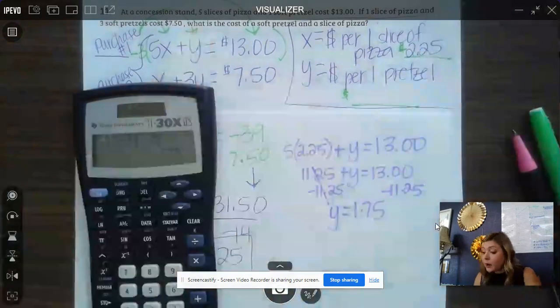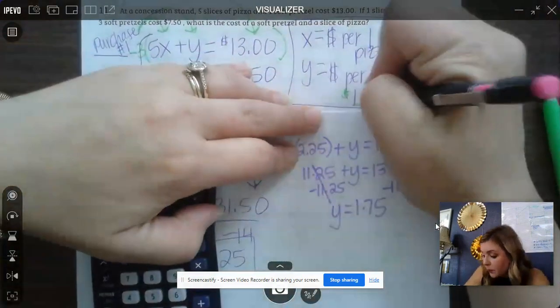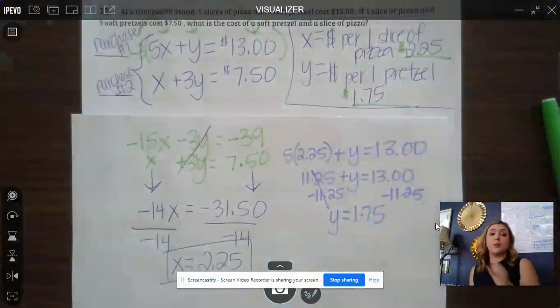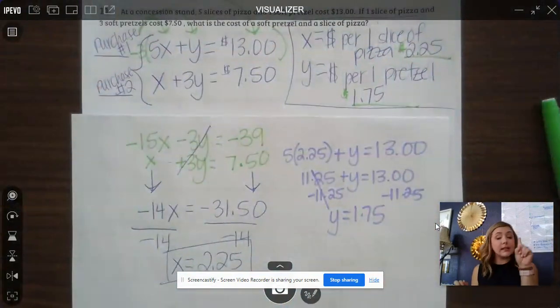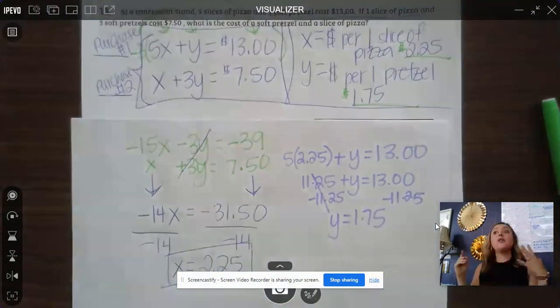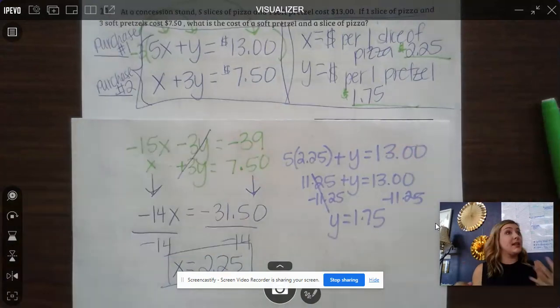And again, we know that we're getting money answers here, and we know that y was the cost per one pretzel. So on your constructed response for the benchmark, you will have to show the system. So this is the system right here. You will then have to explain what x and y are.